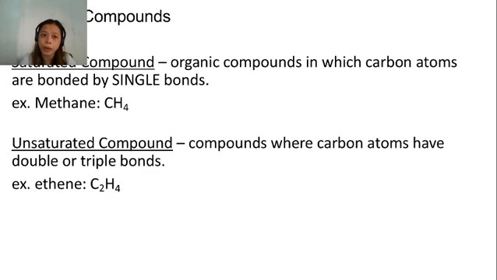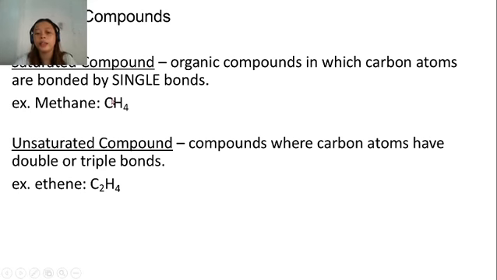So, types of compounds. You have the saturated compound and the unsaturated compound. What are saturated compounds? Saturated compounds are organic compounds in which carbon atoms are bonded by a single bond. Meaning, it is saturated if there is only a single bond. If we look at an example, you have the methane.